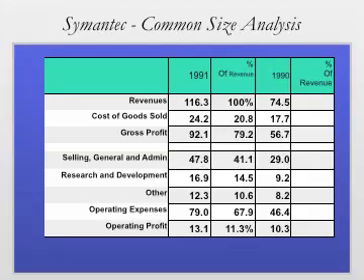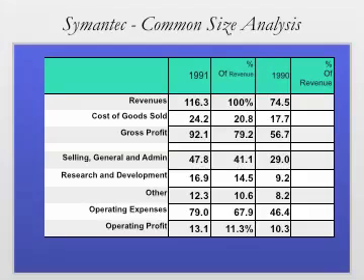When we look at selling, general and administrative, you can see in 1991 that was 41% of revenues, R&D being 14.5 and the other being 10.6%. Our total operating expenses, adding those three together, was almost 68 cents of each dollar going toward covering those three categories.